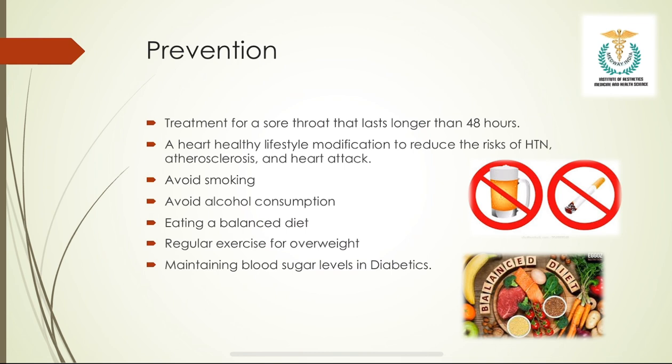If the patient is a daily smoker or takes alcohol on a daily basis, make sure that you avoid smoking and alcohol consumption, and maintain blood sugar levels. If a patient is diabetic and is not maintaining his blood sugar level, that is also one of the problems in this case.